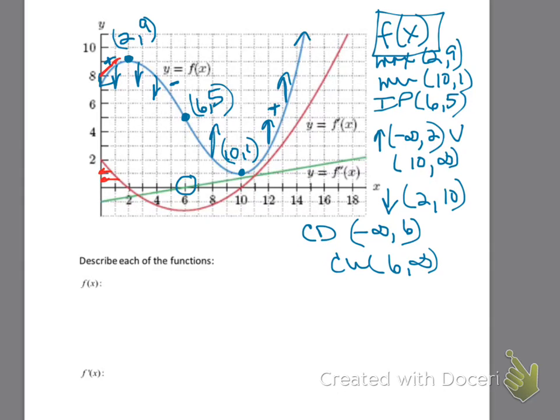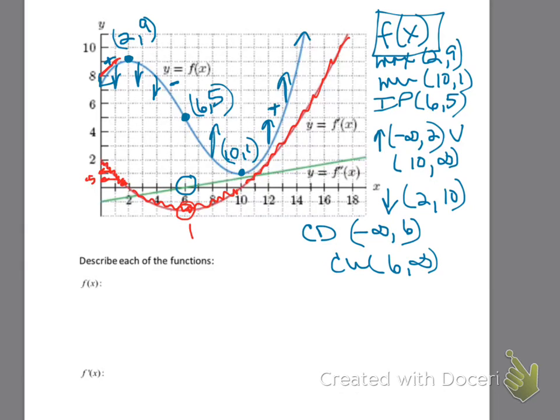So my slope, where x is 1, is about 0.5, I would say. Okay, so you can read your slope directly. So here, I can read positive values for my slope. Then here, I'm going to read negative values for my slope because it's below the x-axis. And then here, I'm going to read positive values for my slope.